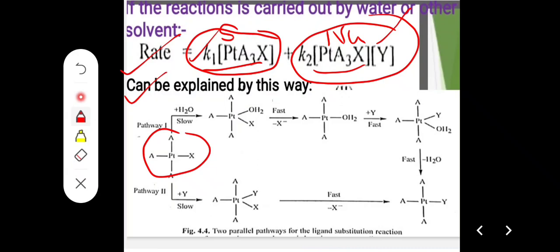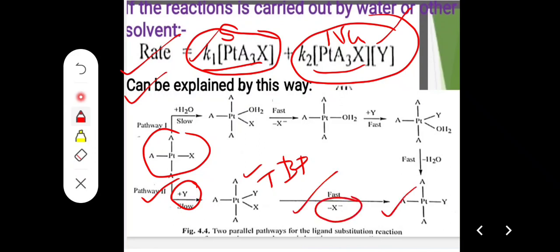They can influence the reaction, but have no direct effect on it. In the nucleophile pathway, Y attaches to the complex, first producing a TBP intermediate, then X minus is removed, and we get the ultimate square planar complex with Y in the place of X.